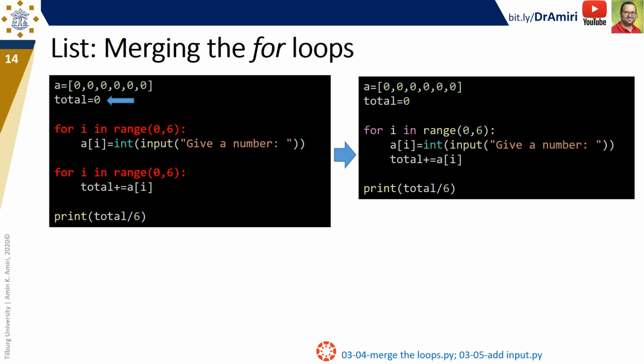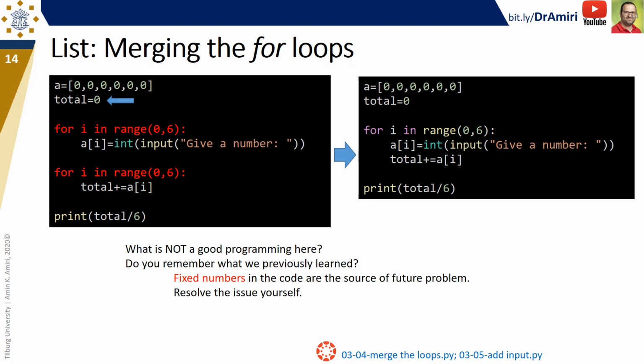So we just move it to the beginning of the code. And now you can see that the for loop part is repeated. What you can do is to aggregate the commands under the for and put them close to each other, and that code also produces the same result.